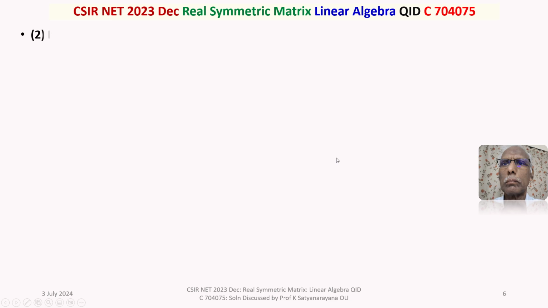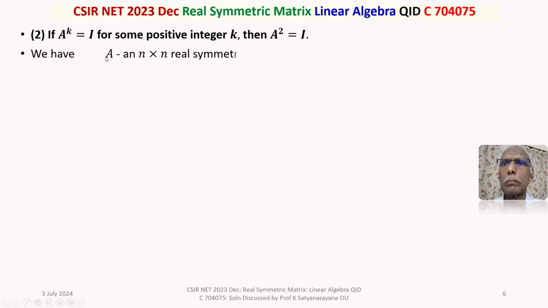Your second option is, if A power k is identity for some positive integer k, then A square is equal to identity. First of all, we have capital A, an n by n real symmetric matrix, and every real symmetric matrix is diagonalizable, therefore it is diagonalizable. Now recall a result about diagonalizable matrices.